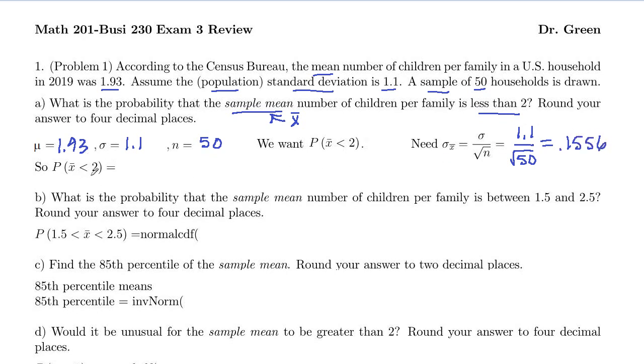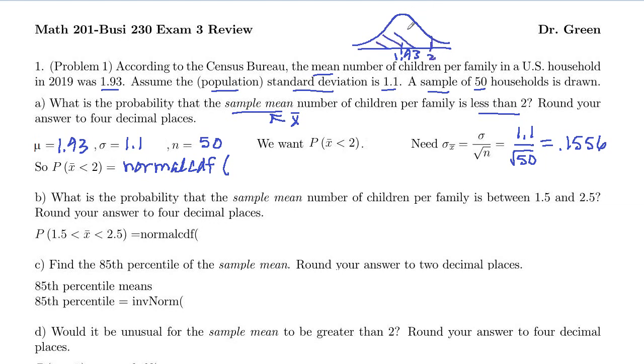So now to find probability that x bar is less than 2, this is normal CDF. And then remember what this looks like on a bell-shaped curve here. You've got that 1.93 in the middle, which is the mean of the bell-shaped curve, and we want to know, well, what's to the left of 2?